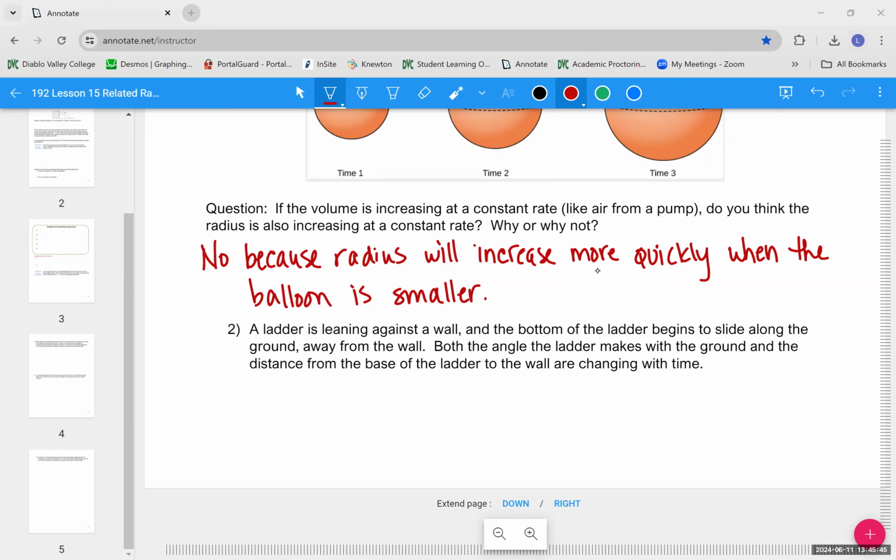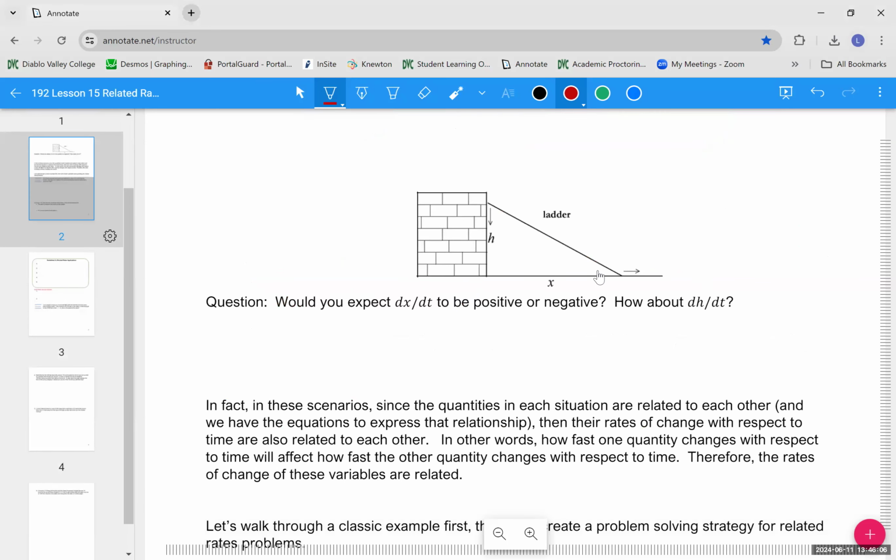Another very classic related rate scenario is a ladder leaning against a wall, and maybe then the bottom of the ladder starts to slide along the ground, away from the wall. So that's going to make other geometric things change that are related to that. So if we go to the next page, there's a picture here. Here's my ladder, here's my wall.